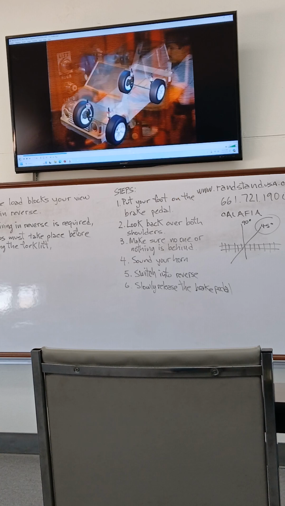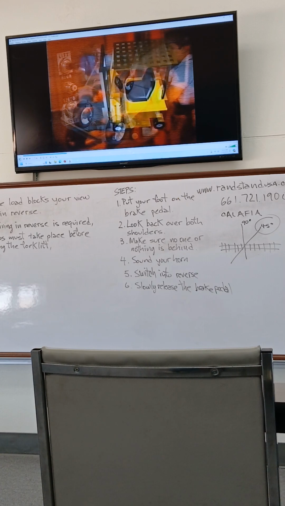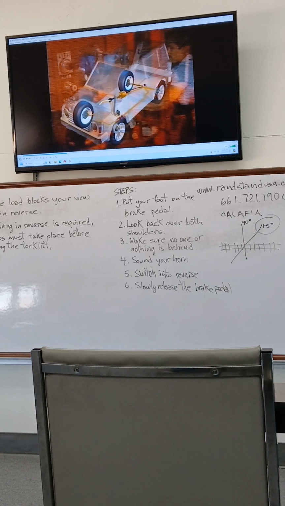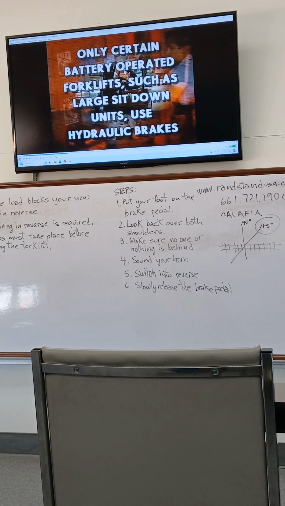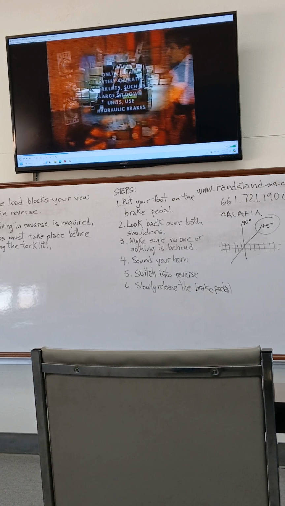Automobiles and forklifts both generally use hydraulic braking systems. When you step on an automobile brake, hydraulic fluid is compressed through the master cylinder to wheel cylinders, which apply force to the brakes to stop the vehicle. Forklifts with hydraulic brakes operate basically the same way. However, only certain battery-operated forklifts, such as large sit-down units, use hydraulic brakes.